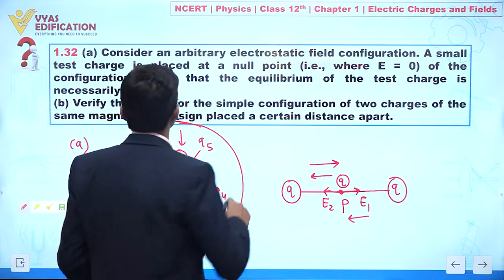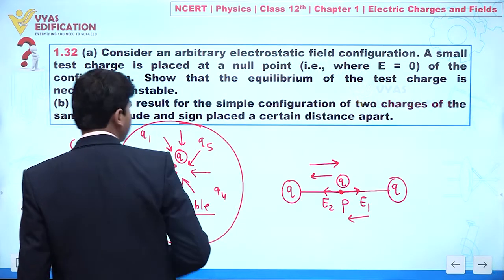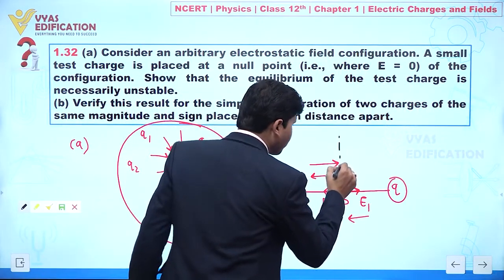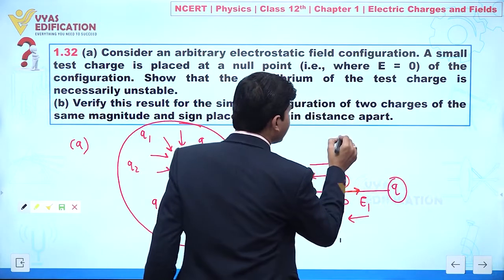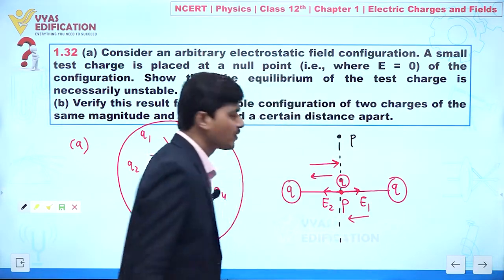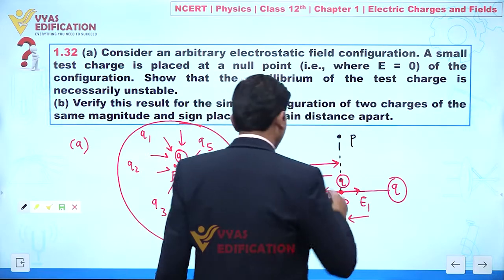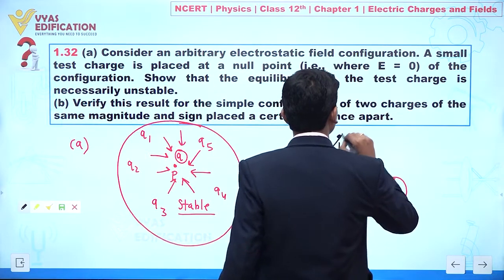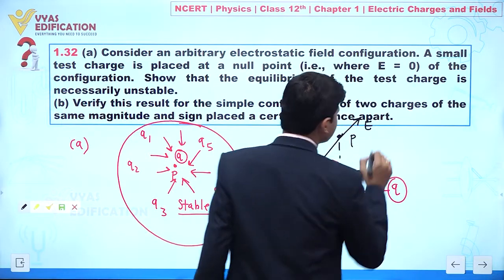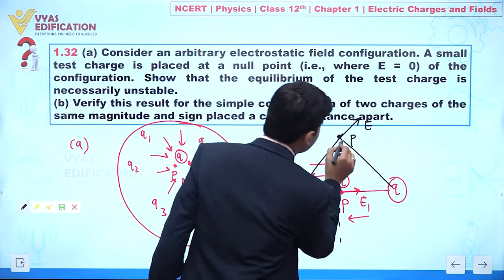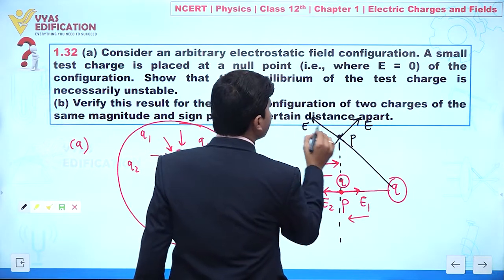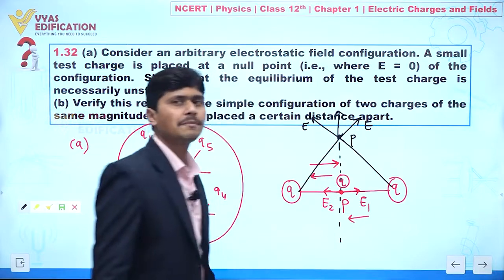But what will happen in a perpendicular direction? Let's suppose we take a point P at this point. Listen carefully. At this point P, the electric field will act in an outward direction. Here the electric field is also acting in an outward direction. So we will find the net electric field in the vertical upward direction.